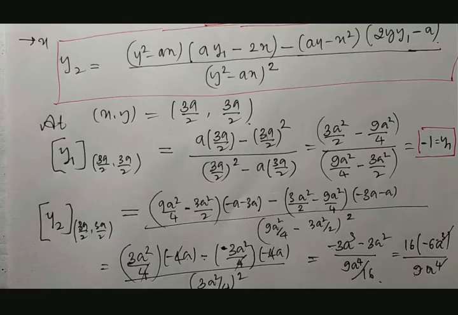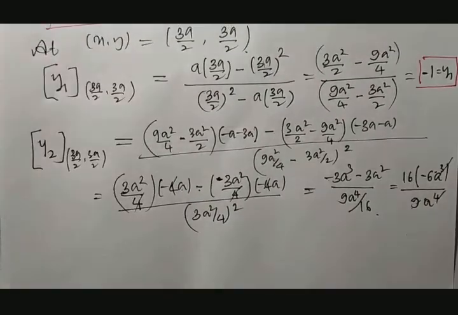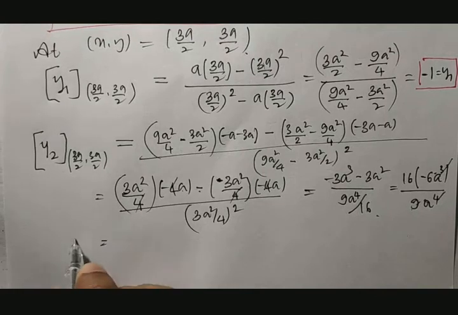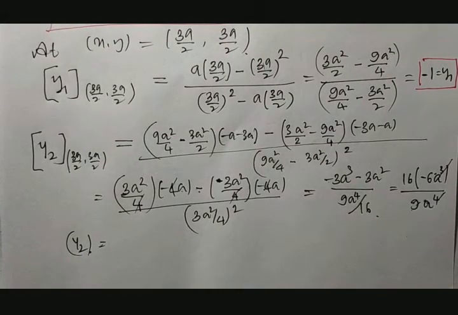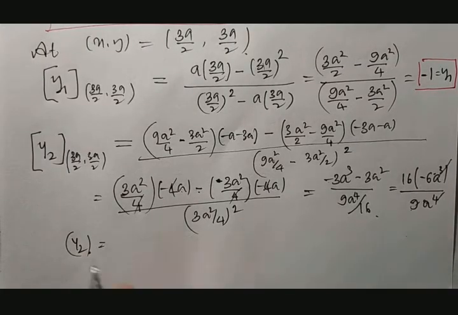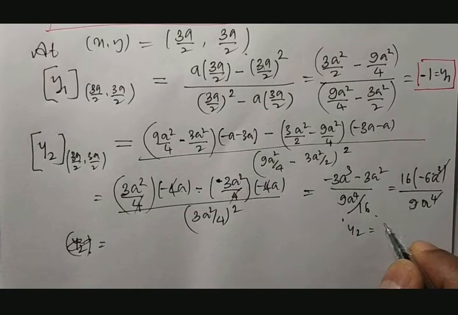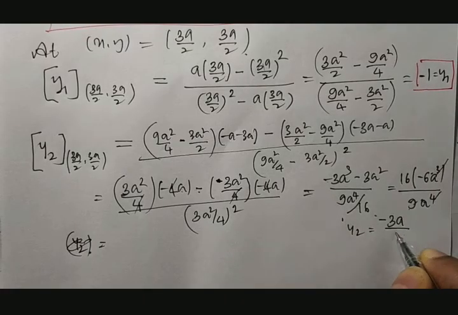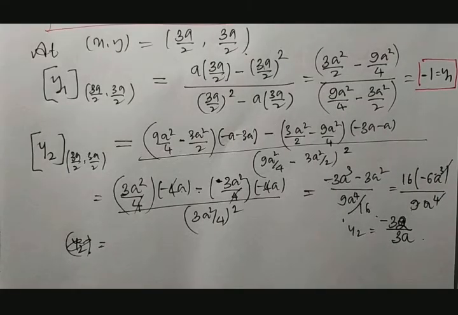So therefore this is equal to y2 at the rate of x and y is equal to, after calculation for this, I'll take it here. Y2 is equal to minus 32 divided by 3a.